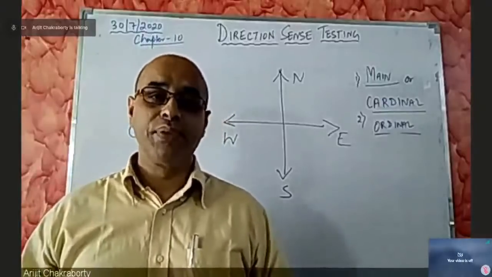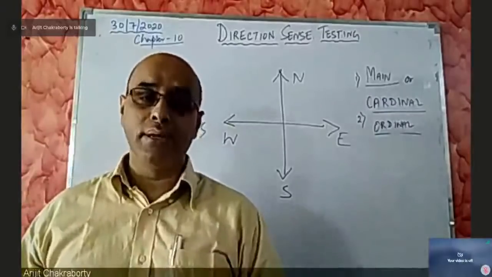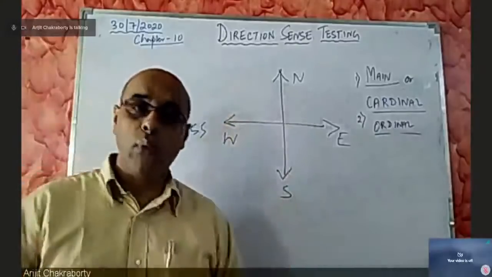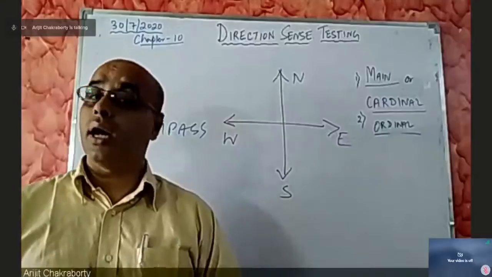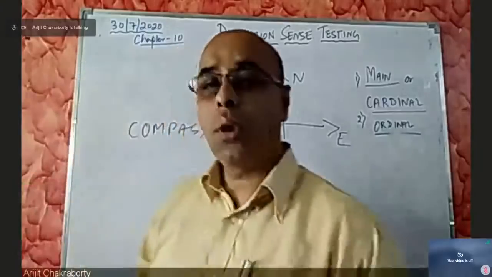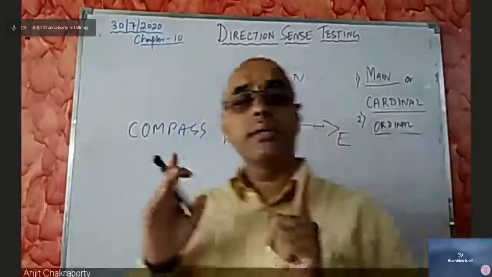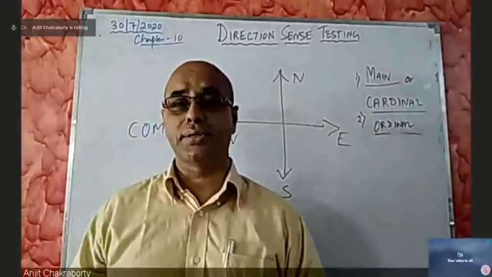So in the case of direction, the principal, the main 4 directions are north, south, west, and east. These are called the cardinal directions. What are ordinal directions? The ordinal directions are the directions which lie in between the cardinal directions.